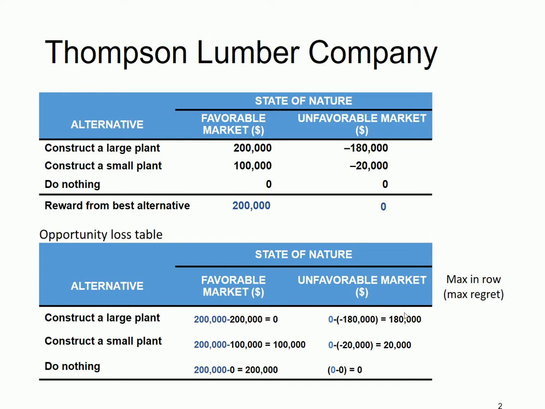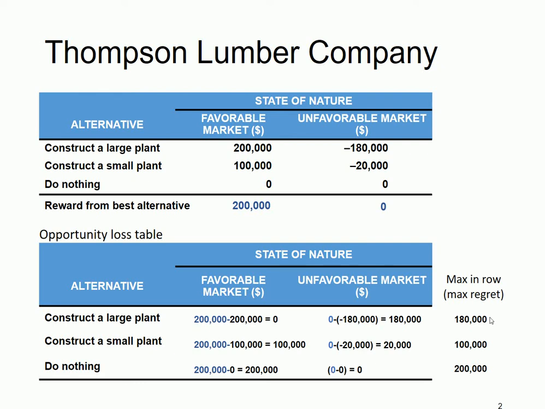The largest regret you could have got with a large plant is simply the larger of those two numbers, which is 180,000. Likewise, you can find the maximum regret for each of the other alternatives. $100,000 is simply the largest among these two numbers. $200,000 is the largest among these two numbers.